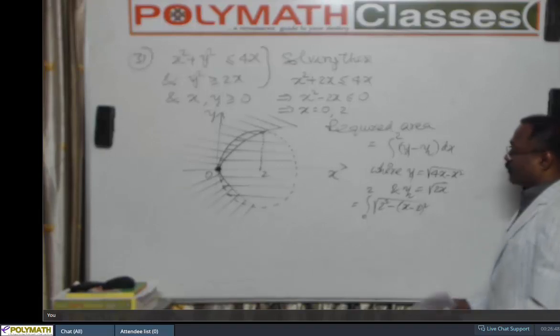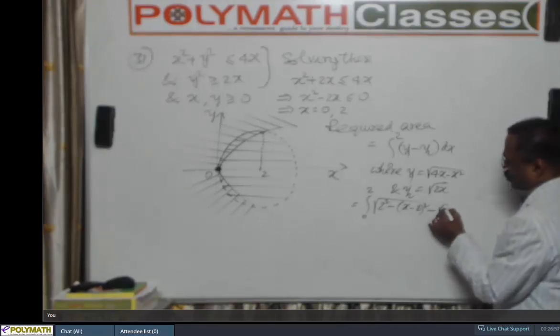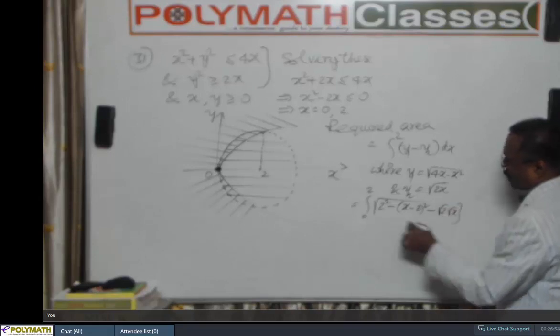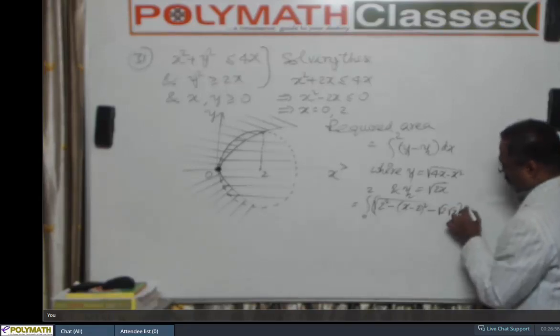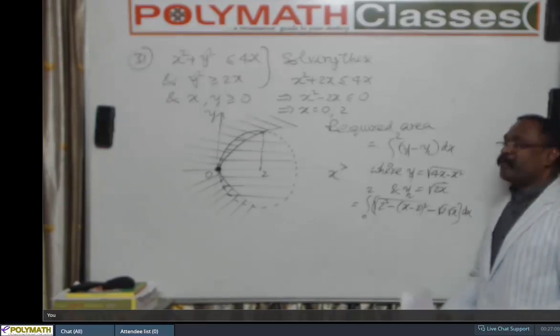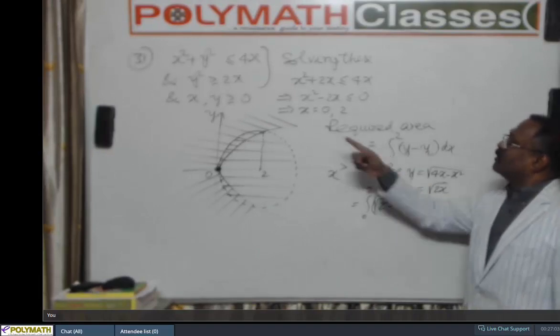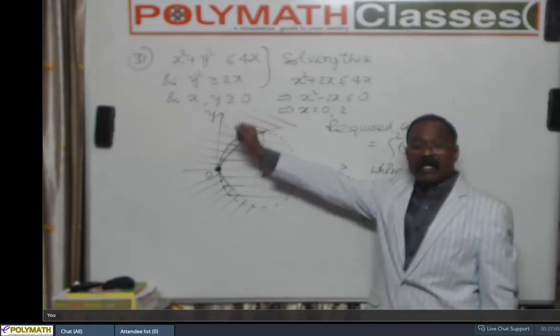So it is in the form of √(a² − x²) − √2·√x dx here, and you can now find the area. If you need both the areas, you have to make it twice here, but in this case you are given x, y ≥ 0.